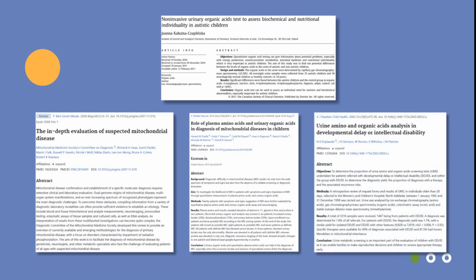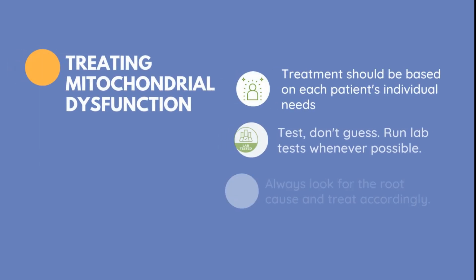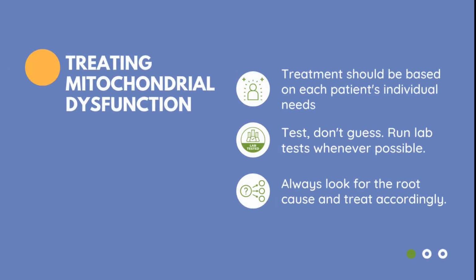These are some papers showing us the use of organic acid tests and urine amino acids in assessing the health of our patients with mitochondrial dysfunction and neurodevelopmental conditions. I highly recommend you look up these papers if you want to read further on how those work.